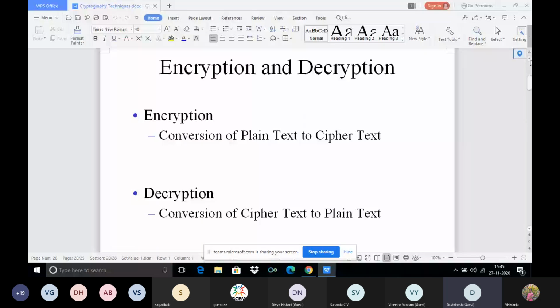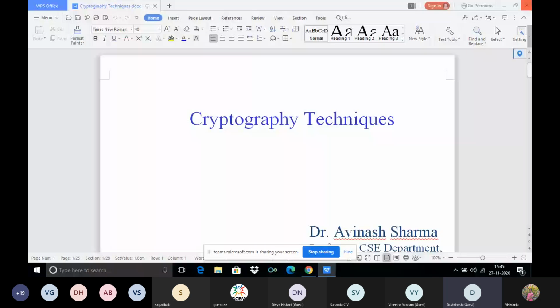I have started with the different types of security mechanisms, and I have told you about the security aspects. Then I have explained the different techniques, the different layers, the different planes.